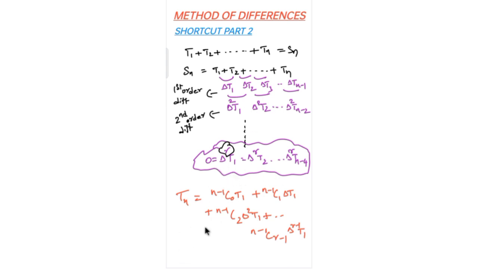And now Sn, I'll write this in this space. Sn can be evaluated in this way: NC1 T1 plus NC2 delta T1 plus NC3 delta square T1 plus so on, NCr delta power r T1.